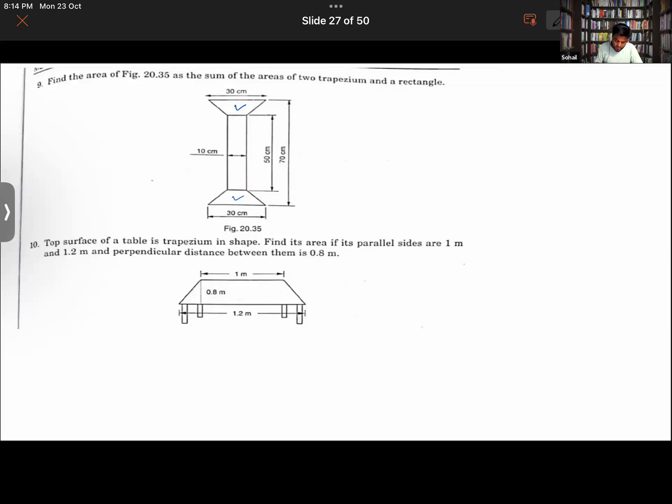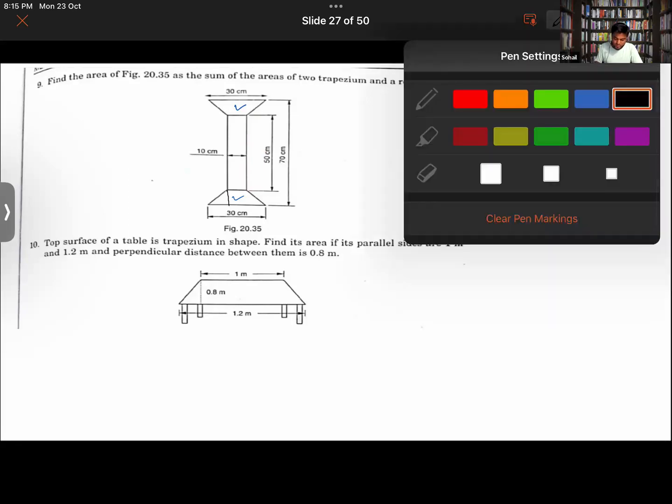You guys try it first. Both of you try it first.